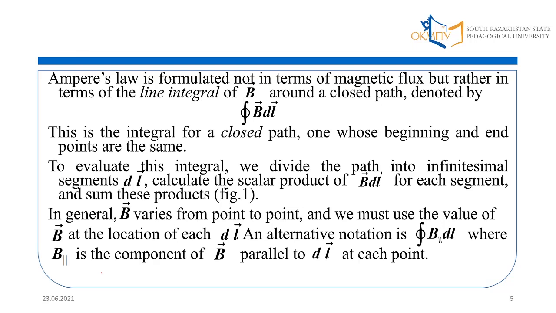Ampere's law is formulated not in terms of magnetic flux, but rather in terms of the line integral of magnetic field around a closed path. It is denoted by this expression. So this is the integral for a closed path, one whose beginning and end points are the same.